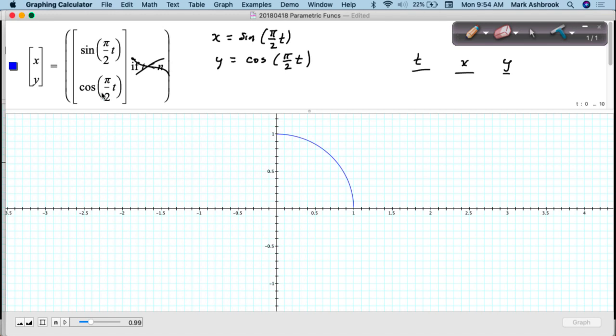If you need to, you could sketch the graphs of sine and cosine separately if that helps you. But as t goes from 1 to 2, we'll end up down there. And then as t goes from 2 to 3, x is going to go from 0 to negative 1, cosine, negative 1 to 0. And then finally, as t goes from 3 to 4, sine goes from negative 1 to 0. That's the x-coordinate; the y-coordinate goes 0 to 1.